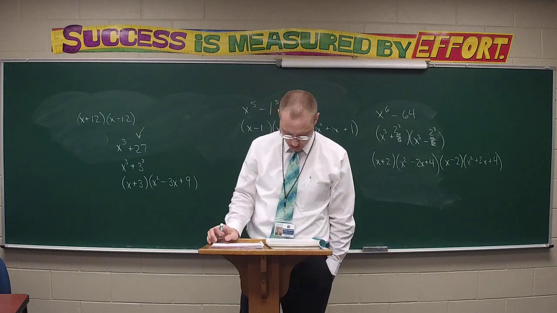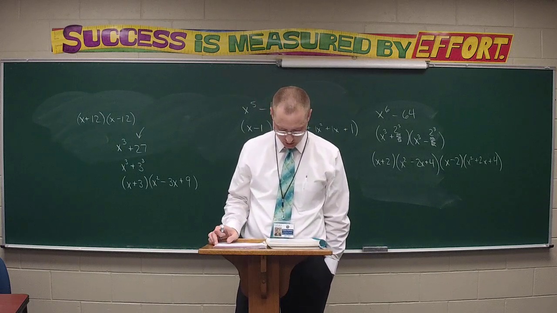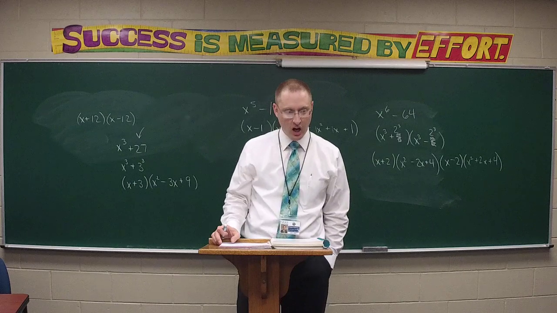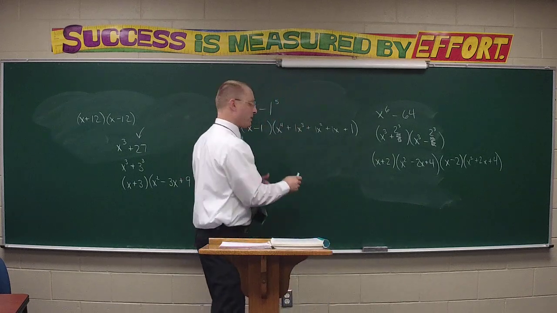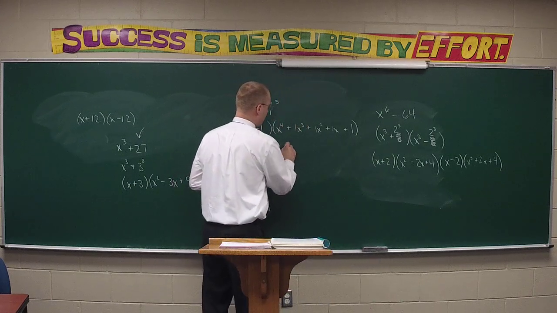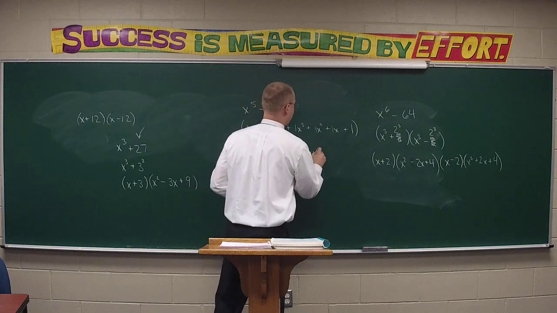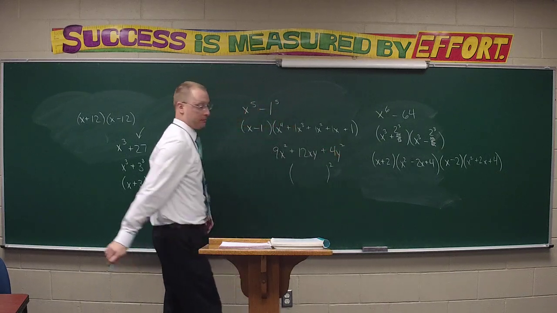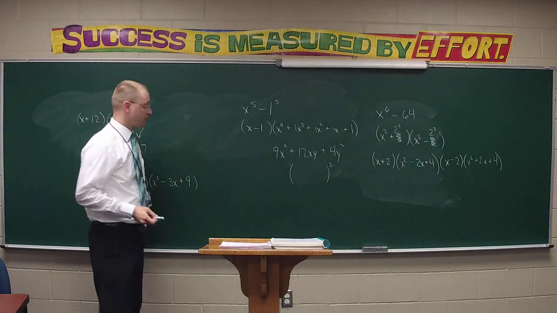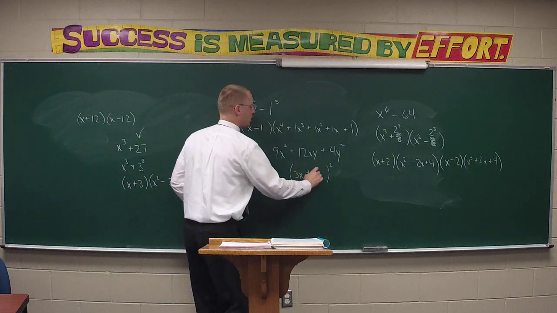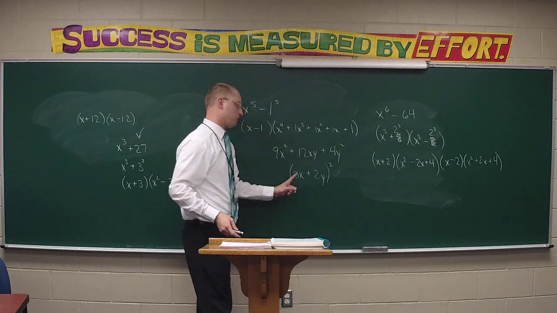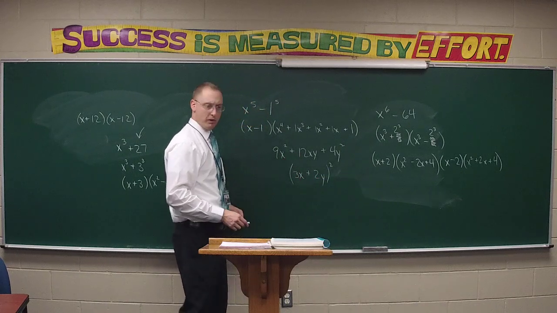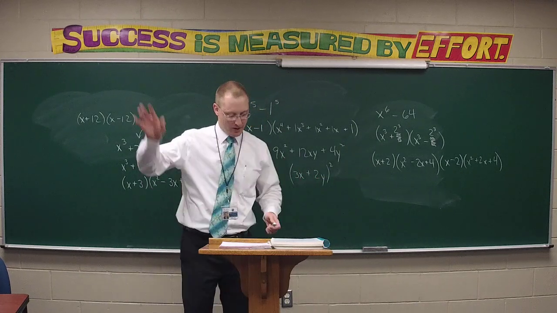We got the 9x squared plus the 12xy plus the 4y squared. Let's put it into the binomial squared. 3x plus 2y. And then we check, if we multiply and double, would it give me a 12xy? It would indeed. How many had that for number 12?